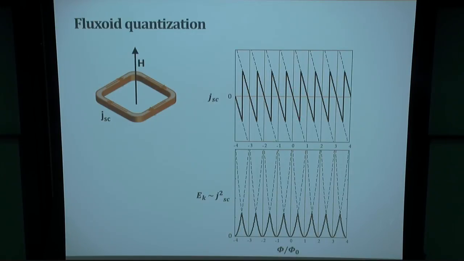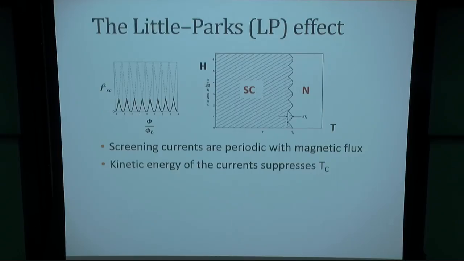The energy, which goes like J screening squared, is of course parabolic, and this immediately explains what's going on. The kinetic energy of the current suppresses TC, or gives rise to oscillations in TC. So this is J squared versus Φ over Φ0.